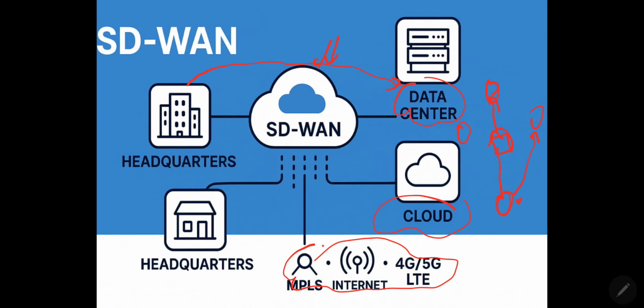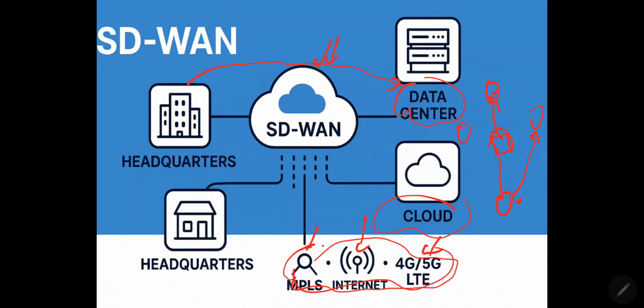And what is the media transport for SD-WAN? You can use all media. You can see here MPLS. You can also use internet or 4G, 5G or LTE.